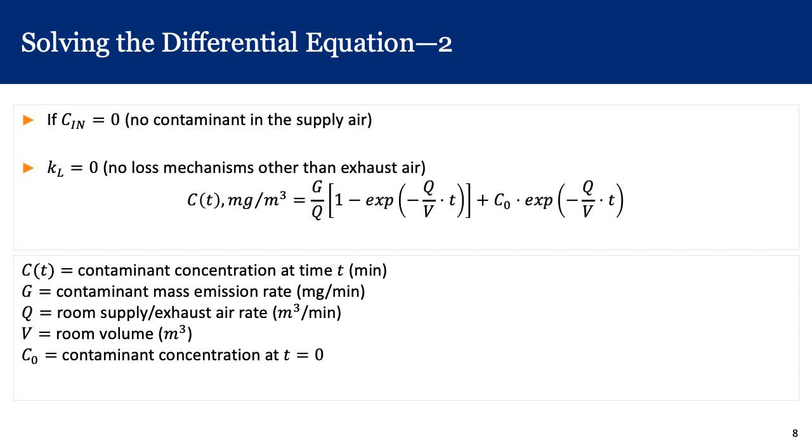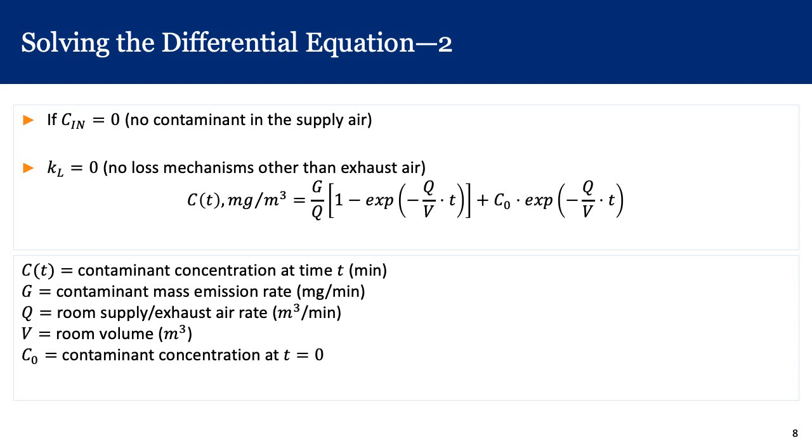For the sake of simplicity, what I'll do in the next few slides is we'll assume that the Cn is 0, which means there is no contaminant in the supply air, and KL is 0, which means there are no other loss mechanisms other than the room exhaust. This doesn't mean that the previous equation cannot be useful. In fact, there are many instances where we need to use all those terms which we are setting to 0 here.